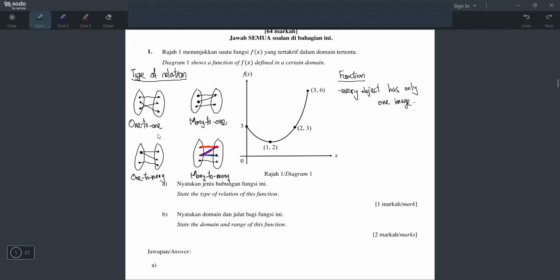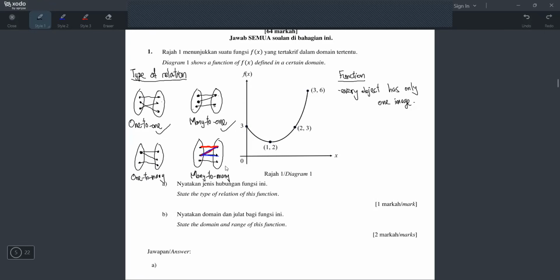The answer is only one-to-one and many-to-one, because in one-to-one every object has only one image, and in many-to-one also, every object has one image. But why can this one not? Because one object has two images. That's why it is not considered a function. So one-to-many is not a function, many-to-many is not a function. Only one-to-one and many-to-one. You have to remember that.